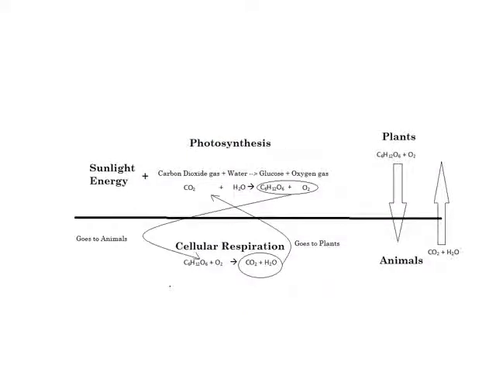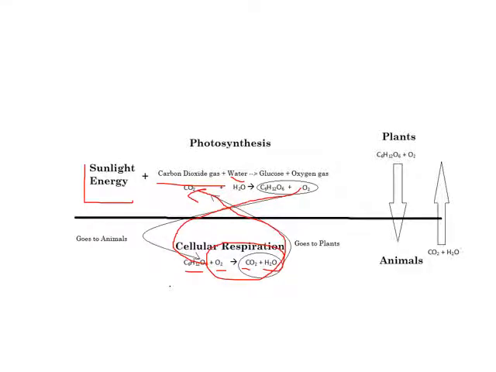Okay, here's another version of it. So you have the sunlight combines with carbon dioxide and water forming glucose and oxygen gas. Okay, well, those get put into cellular respiration, which takes place in the mitochondria. Combines with the oxygen you breathe, forms carbon dioxide and water, and those two things go back in to plants.